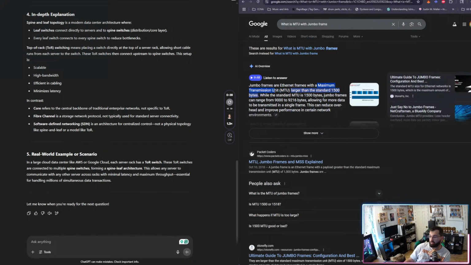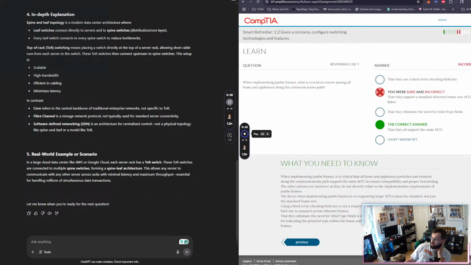The maximum transmit unit. Dude, I'm telling you, these acronyms are going to be the death of me. I understand why they exist. And normally I would say acronyms are really stupid and have no business existing. These matter, okay? But if I had known what that acronym was, then yeah, I would have understood.